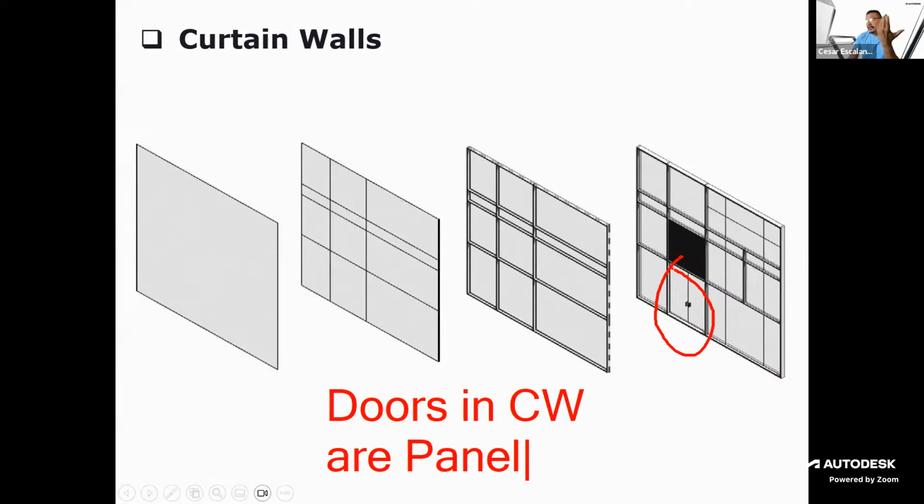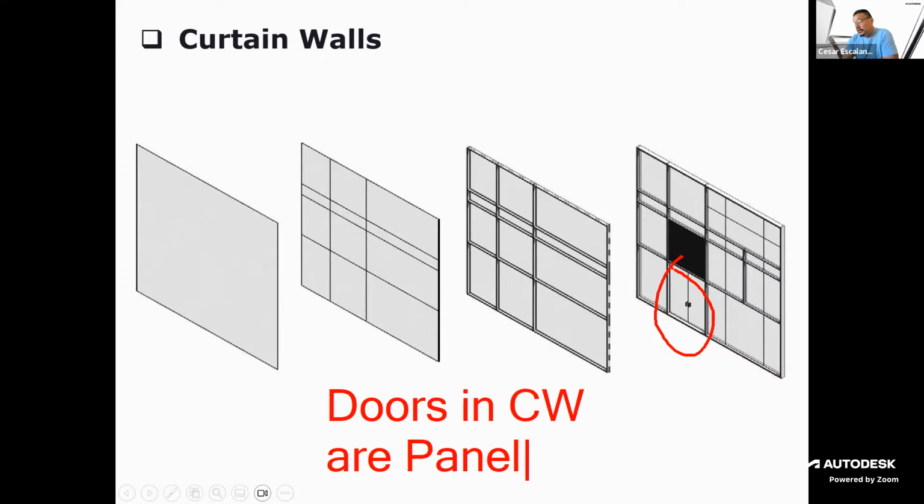And there's a special type of door that comes out of the box. They are called curtain wall doors. And whenever you see the descriptor curtain wall, then that is a family that is appropriate for this type of panel. This type of curtain door will schedule along with the rest of the doors, even though they are created as panels.